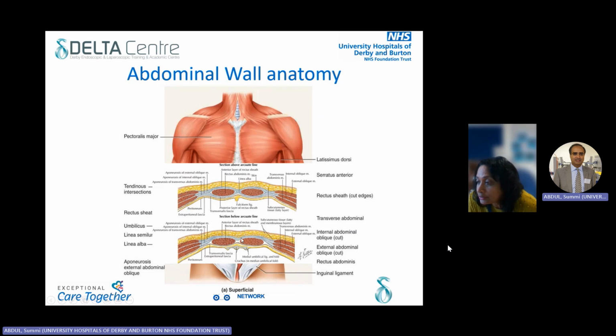So you have to go through that to get into the peritoneum, whereas further up, above the arcuate line, it is enclosed because the aponeurosis splits to enclose the longitudinal muscles.